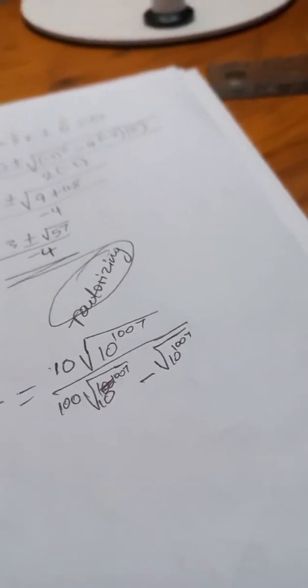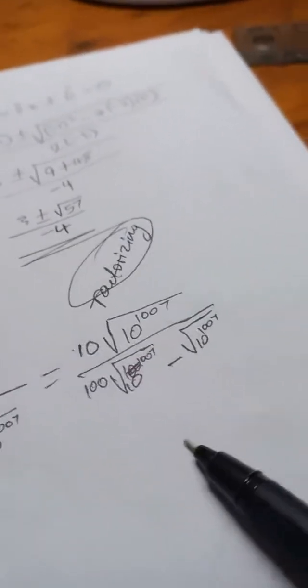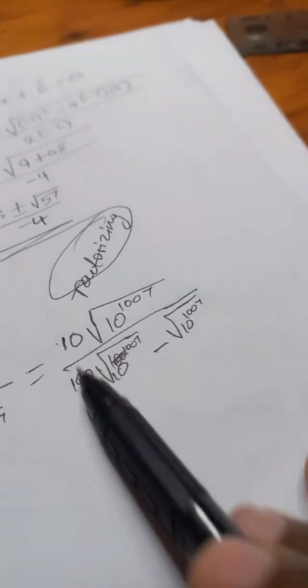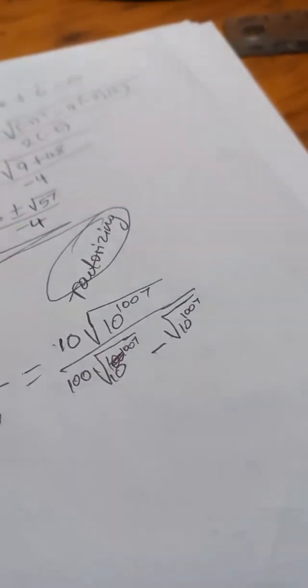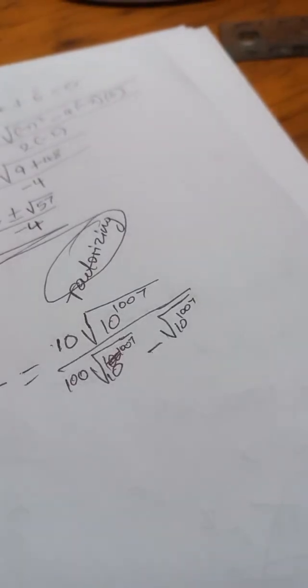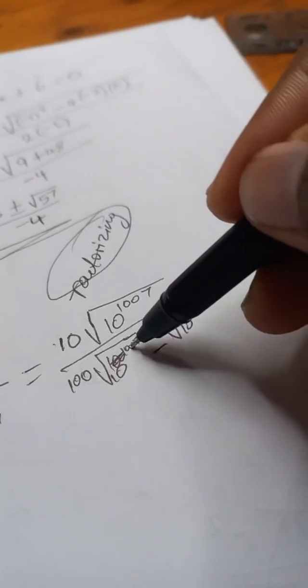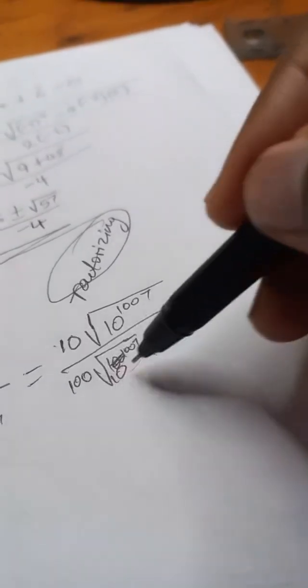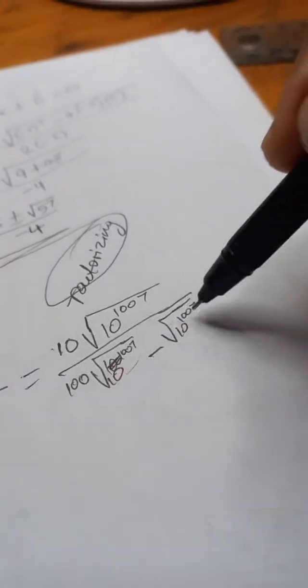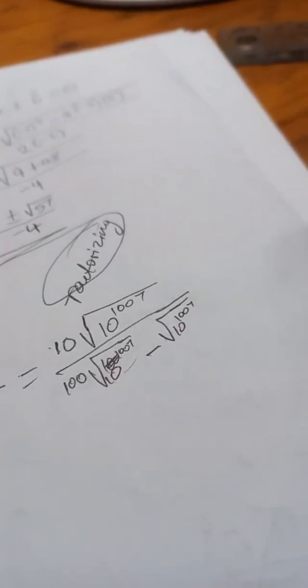So here, what do we have? We have square root of 10 to the power 1007 on both sides, right?